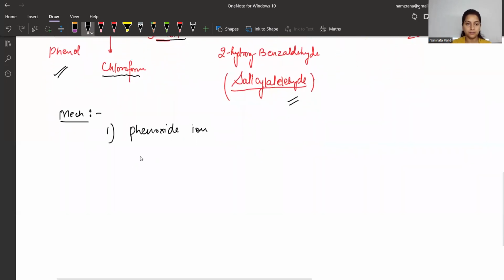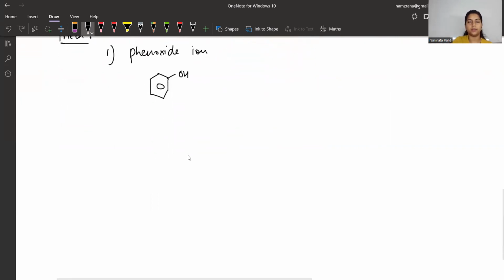So we'll consider this phenol part. This is my phenol part, OH. In presence of a base, in presence of NaOH, there is formation of this phenoxide, with alternate double bonds in benzene ring with O negative, right?